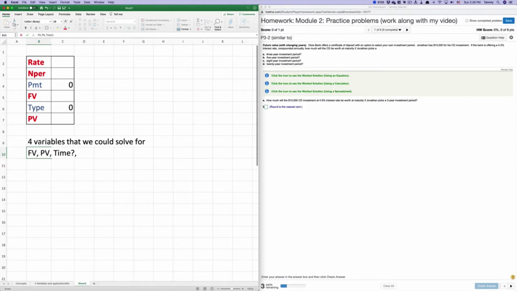Or we also might want to know what the interest rate is given a certain set of parameters. And all of these situations are quite realistic. They apply to your normal financial life as a consumer, as an investor, as just a human being in our economy. And so for all of these, like I said, I want you to have a data entry screen, and then down here you can just do the function, right?